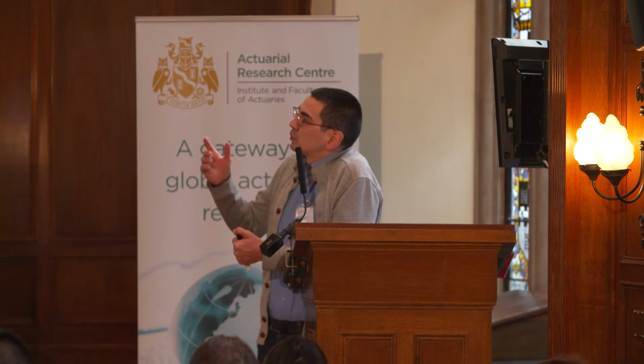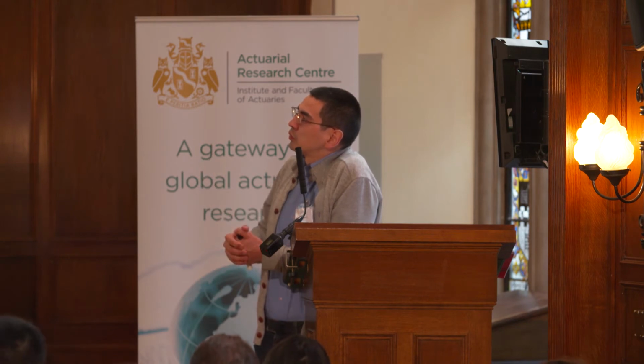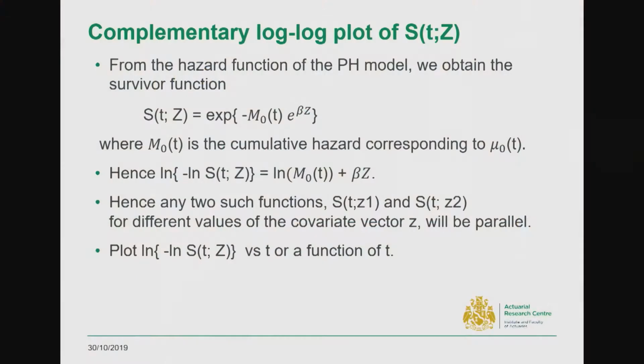Capital Lambda 0 is the cumulative hazard, which is like the sum of the baseline hazard functions. Whenever we take the double log of this function, we can have a look at how it varies against time for covariates. We will look at it in a plot.